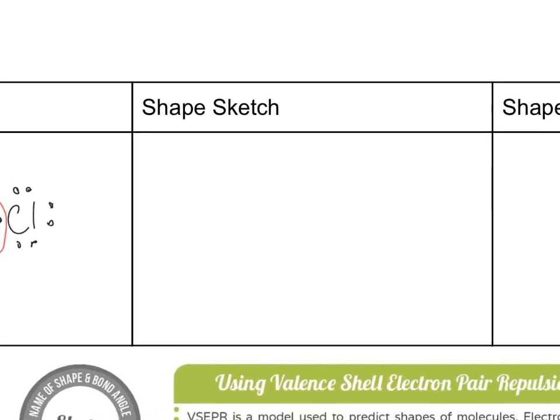We have the nitrogen atom in the middle, and you don't need to be specific about the atoms. We're just drawing a very rough sketch of the shape that we saw down below there. Okay, three atoms around the bottom, one electron pair on top. So the shape is a pyramid with a triangular base.